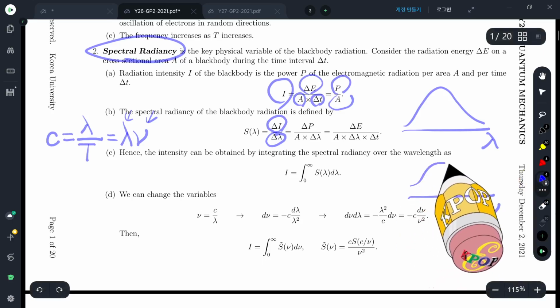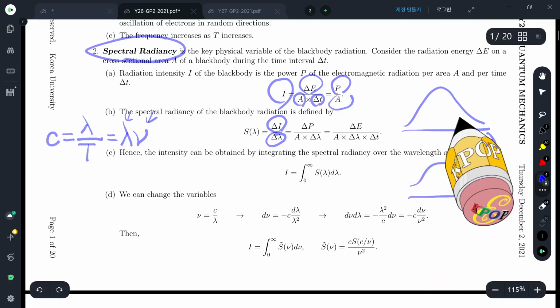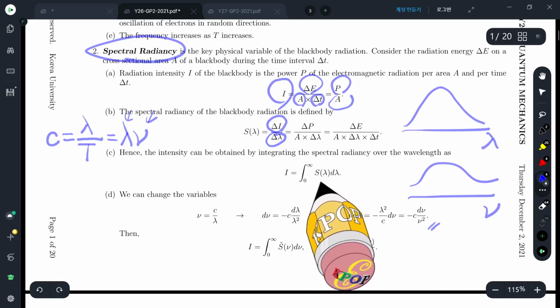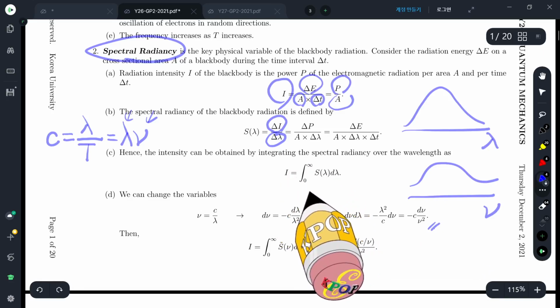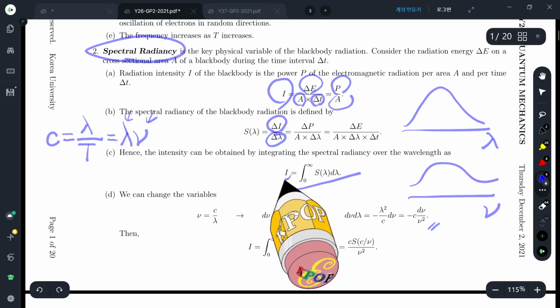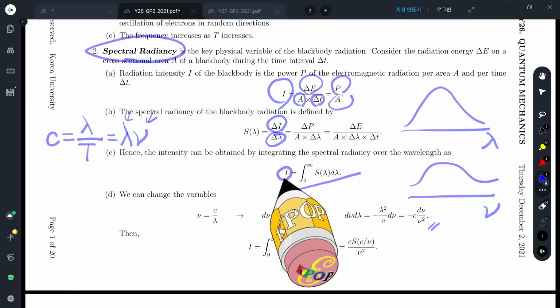Then the shape of the distribution may change. The functional dependence appears in this way. So the spectral radiancy can be integrated over the whole wavelength to have the normalization equal to the radiation intensity.